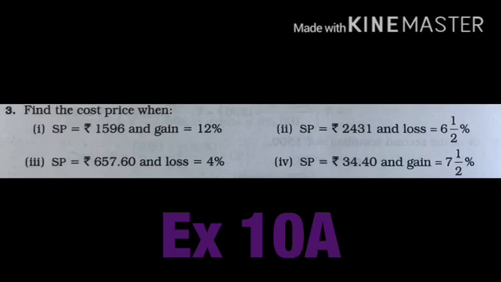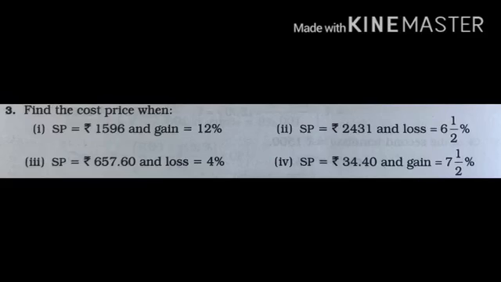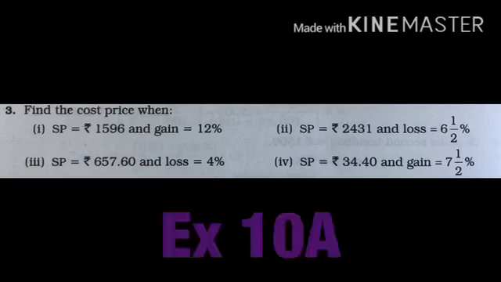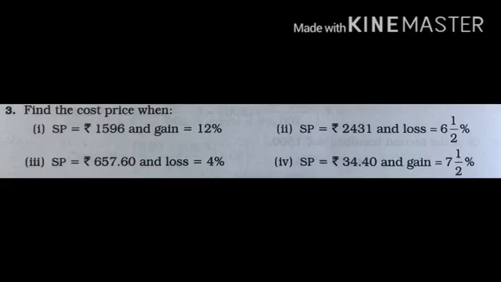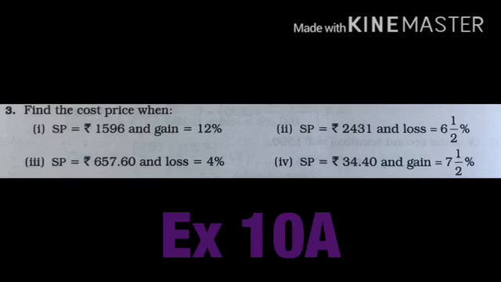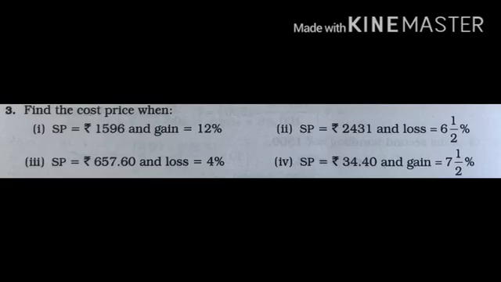Now the third question. Find the cost price when selling price is equal to 1596 and gain is equal to 12%. You can use the direct formula: cost price is equal to 100 upon (100 plus gain percent) multiplied by selling price. This is convenient to solve this question.